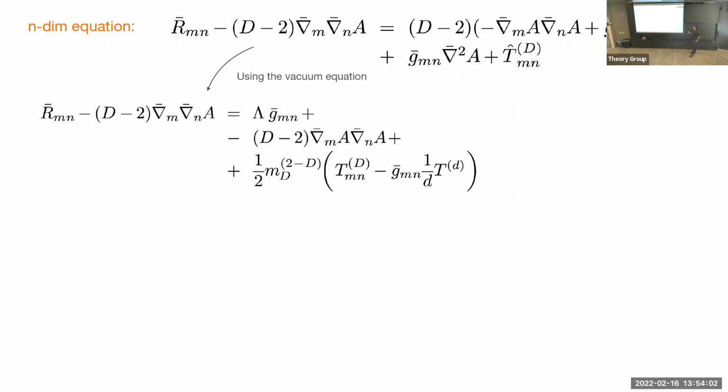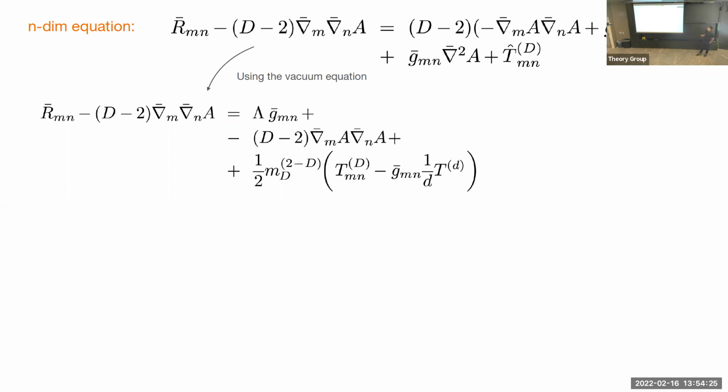Well, we can start getting rid of one of those by using the other equation, the vacuum equation, and we get the expression here on the slide. We still have a second derivative here, which we will worry about later. But the right-hand side is actually nicer now. In the first line we just have the cosmological constant, and we can control its sign.